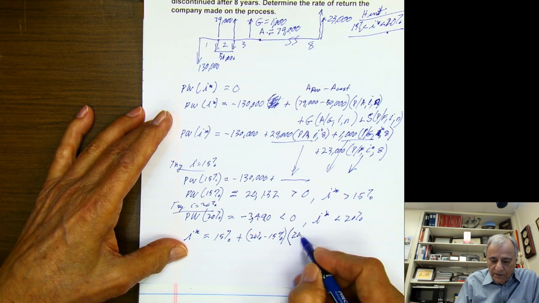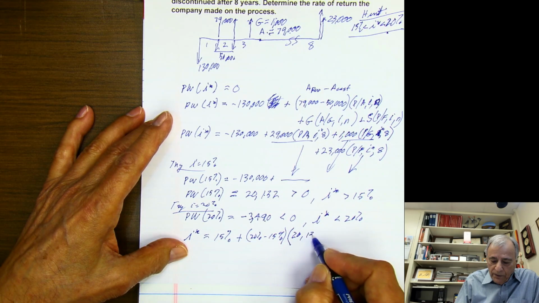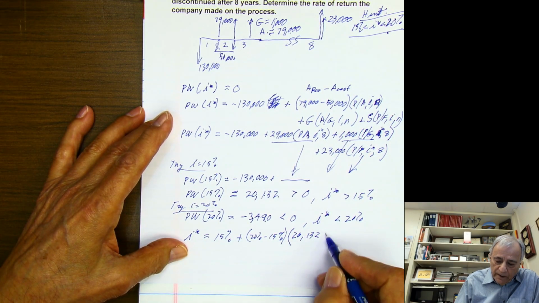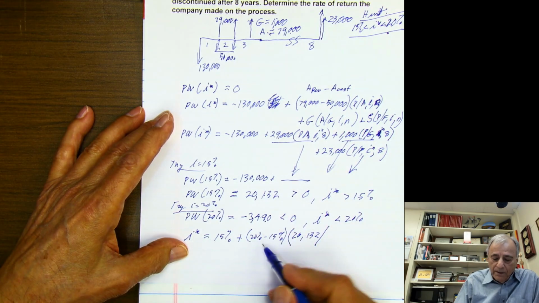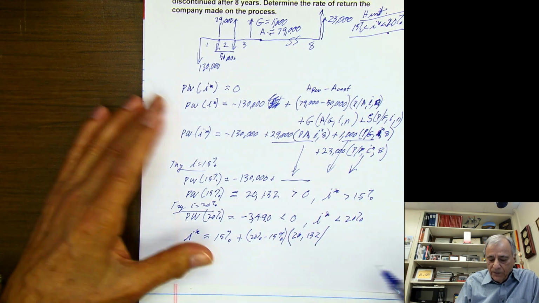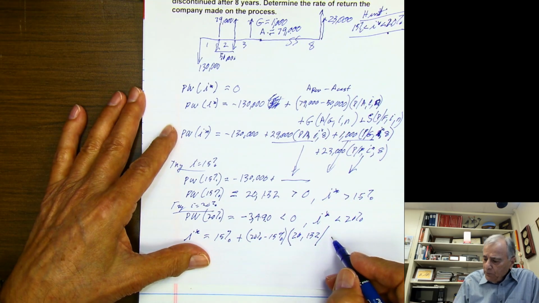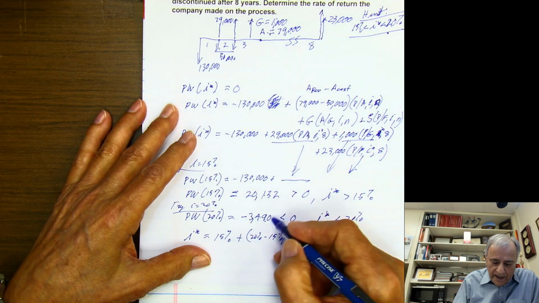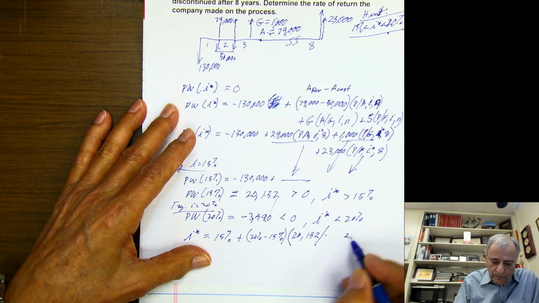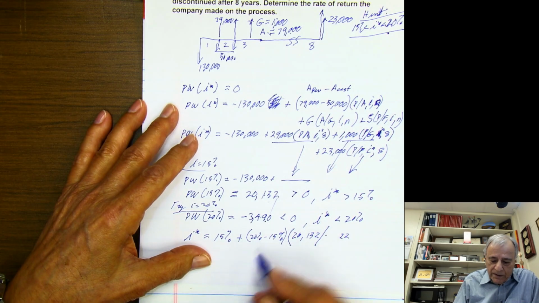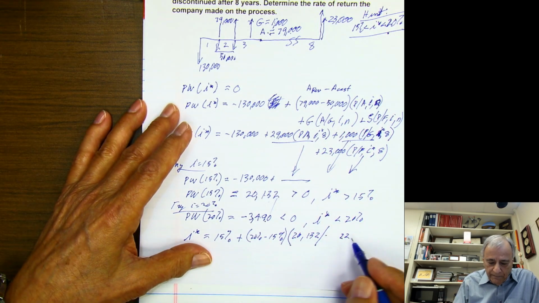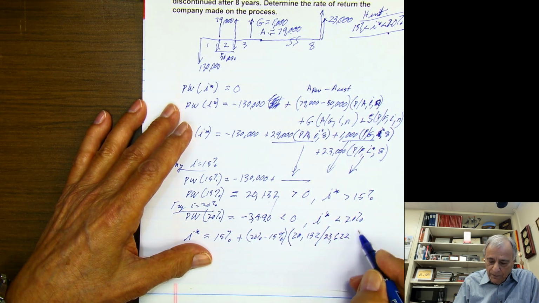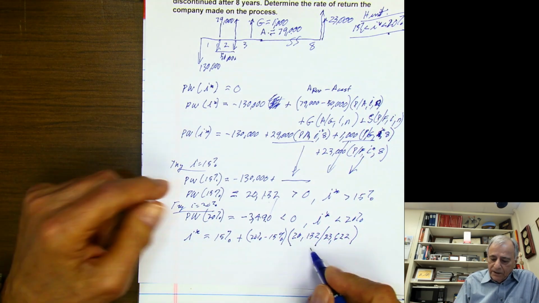And then you take a ratio and proportion of this distance to the total distance down to here. So it'd be 20,132 divided by 20,132 minus a minus 3,490. Let's add these numbers. Because this is a minus, it becomes a plus, and that's 23,622. And it turns out that this is 0.85.